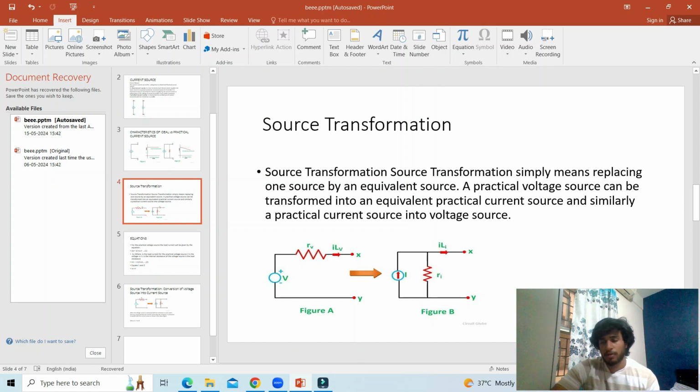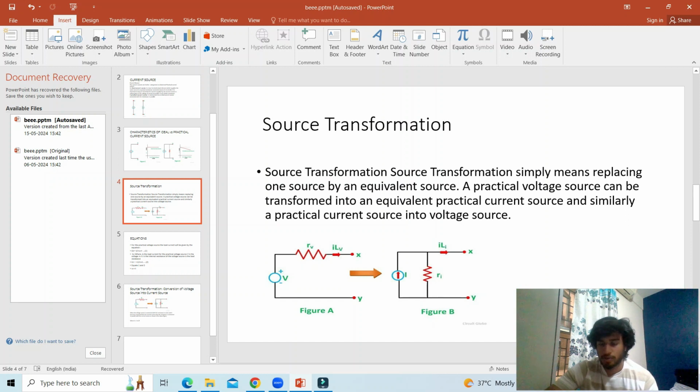A practical voltage source is an ideal voltage source connected with a resistor in series, and the impedance is zero in the case of an ideal voltage source.